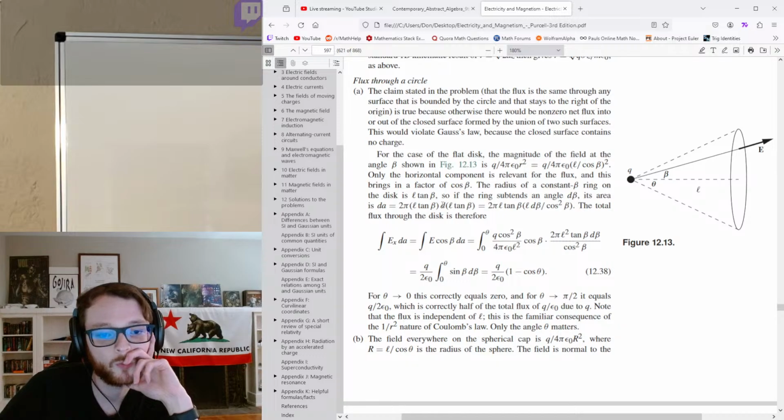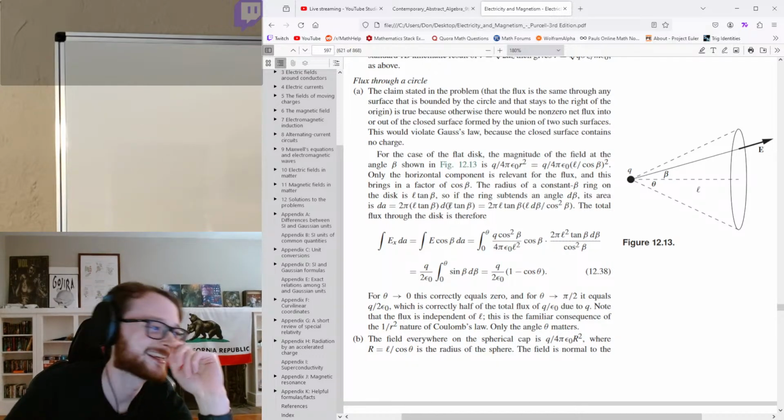Wait, oh, it's the area of a circle derived. Okay. If the ring subtends an angle d beta. Differentiated.